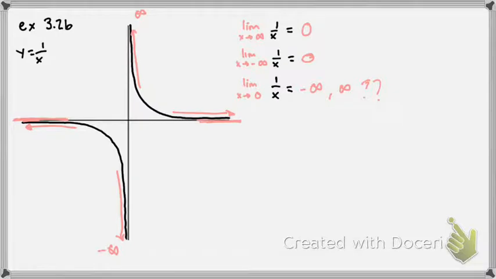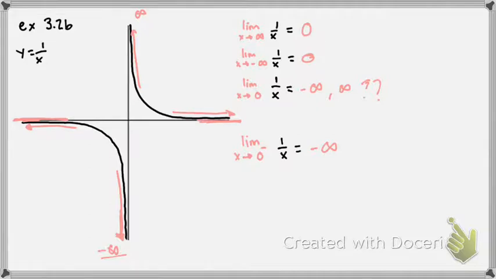So the way we are going to write this now is that we're going to do the limit as x approaches 0 from the left of 1 over x equals negative infinity, because as we approach from the left, again, we're going all the way down and down and down to hit negative infinity.